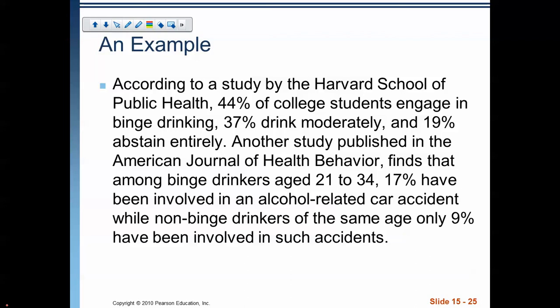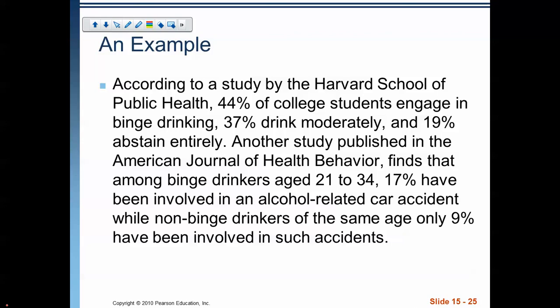You just drink a lot. This is college students in general. So this is like every Friday night, 44% of college students just get smashed, right?